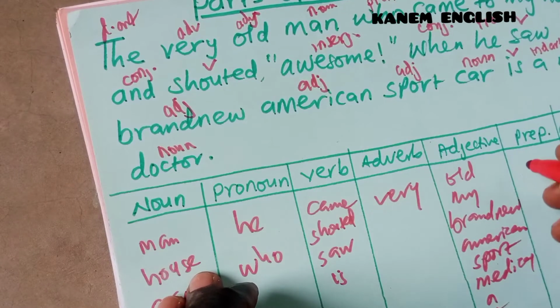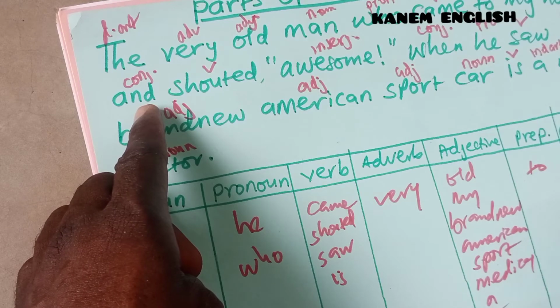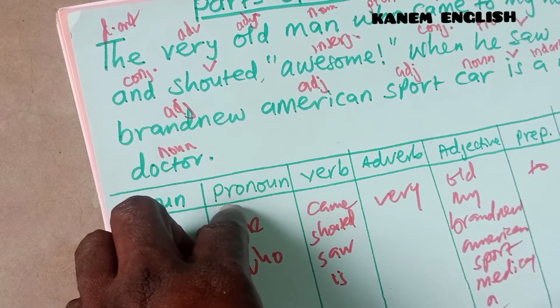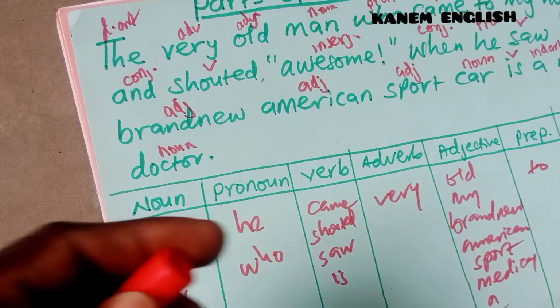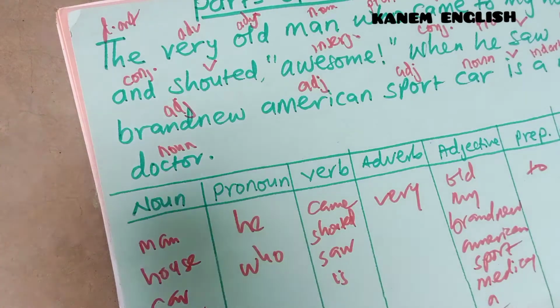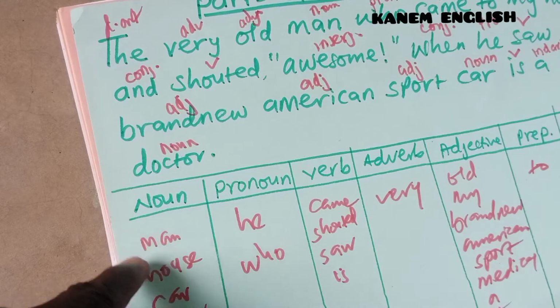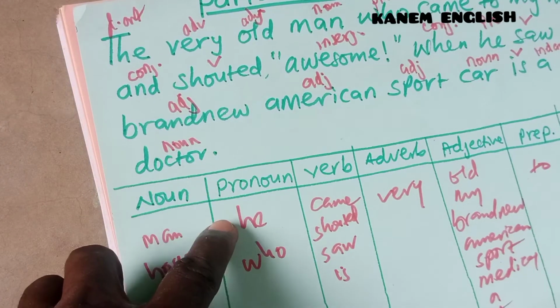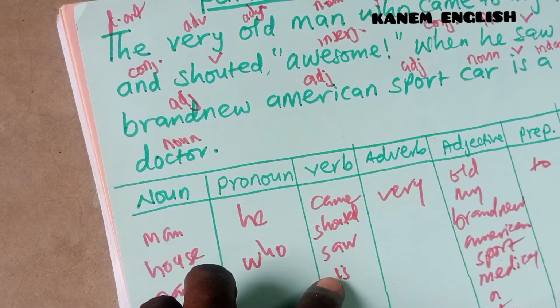So let's look at the preposition, which is to. Then we have the conjunction, and and when. Then we have the interjection, which is awesome. So these are the parts of speech used in the sentence. We have nouns: man, house, car, doctor; pronouns he and who; verbs came, shouted, saw, as well as is.